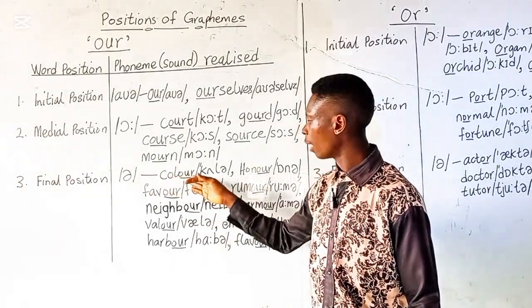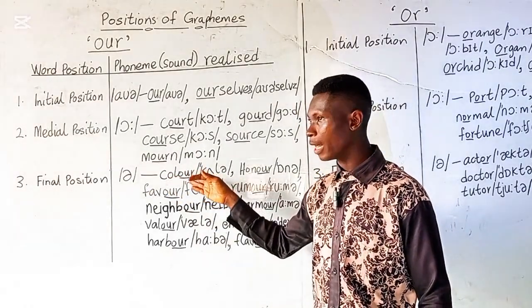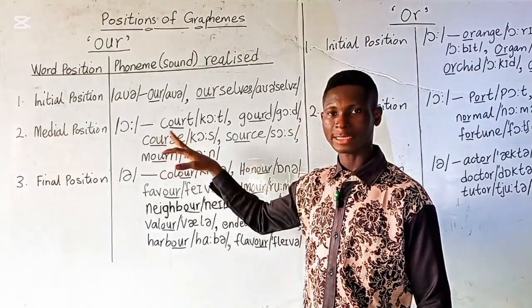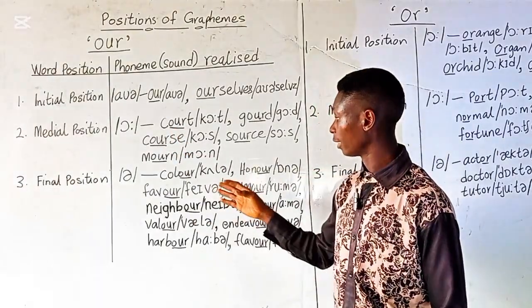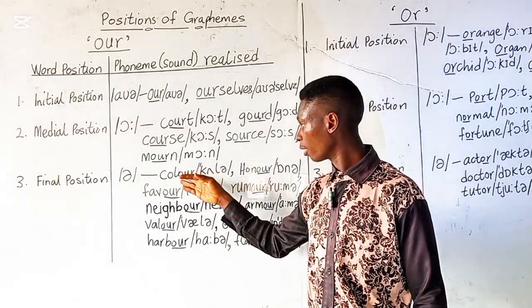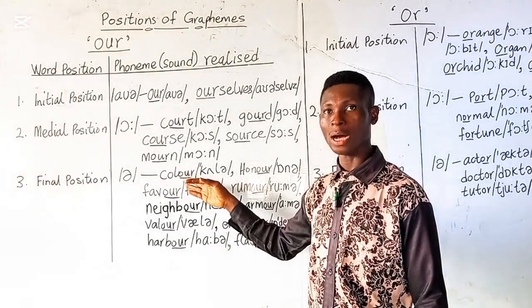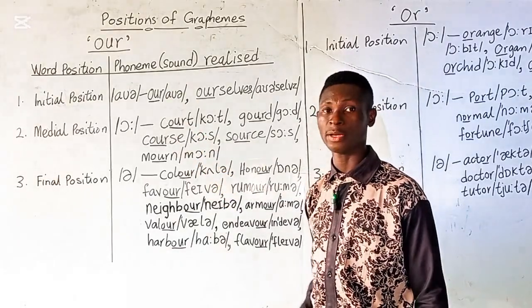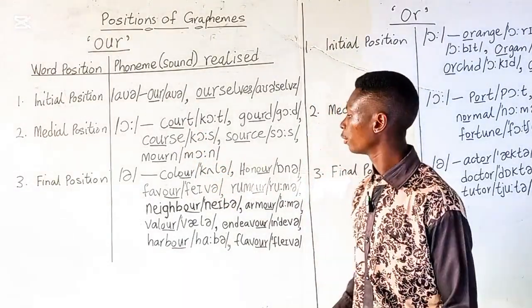Here, the OUR is articulated shorter than at any other position. Here you articulate the sound underneath OUR shorter than what you have in other word positions.